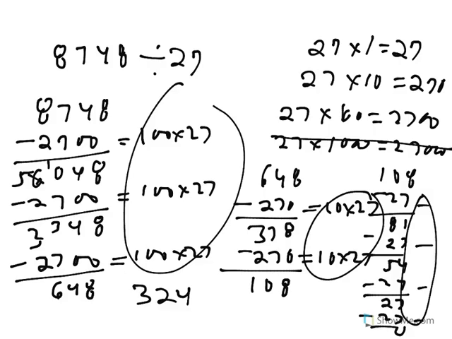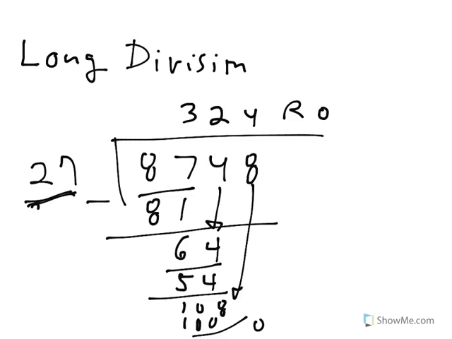Notice how much this looks like this. The only difference is I didn't bring down the 8 also, but I could have. That 64 was really like a 648, and this 81 is really kind of like 8100.